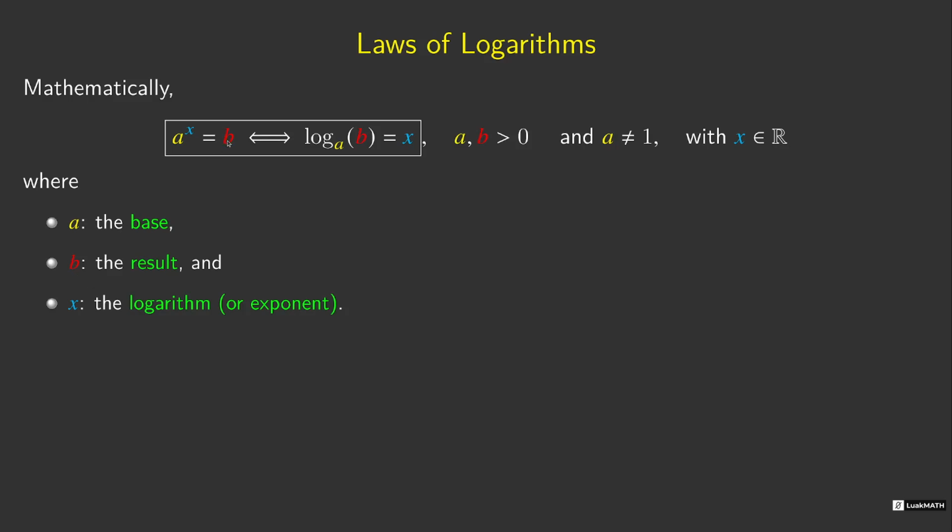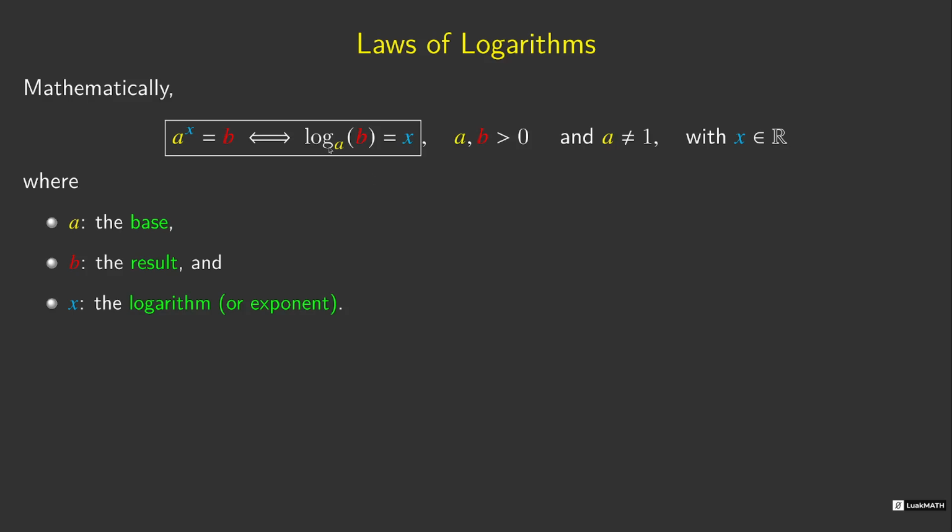There's the result on the right hand side, and then there's the exponent. So when you write a to the x equals b, that's the exponentiation. Now logarithm uses the same ingredients. It uses a, it uses b, it uses x. But the way it does this, at first, is not very familiar to most people.